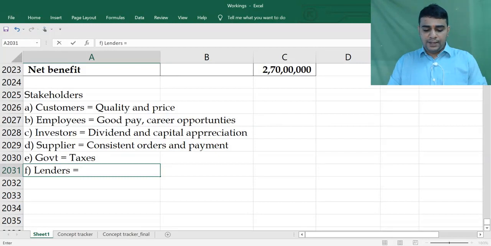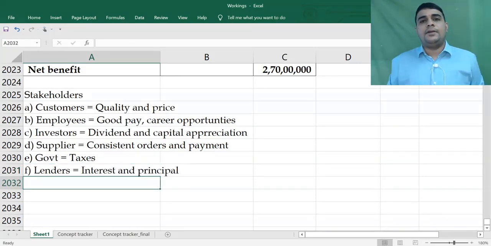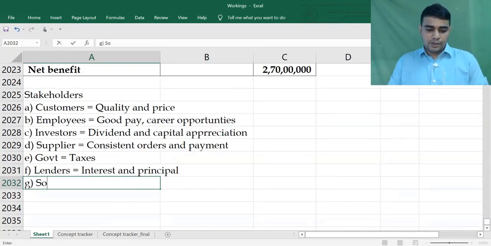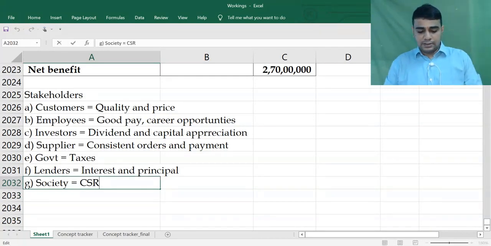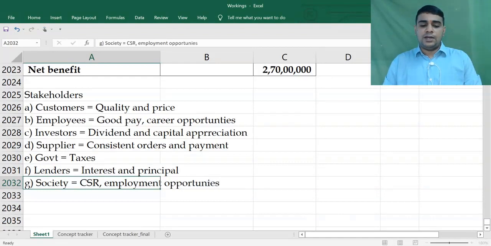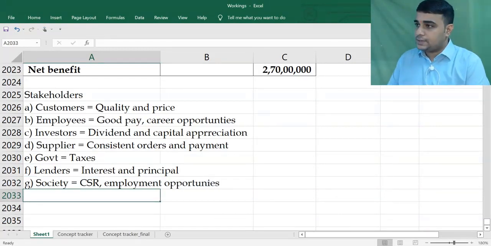Lenders want you to pay interest and principal on time. I think there is also society. Society expects you to do CSR activity or take care of the people in and around them, and provide employment opportunity. So there are multiple stakeholders and everyone expects something from an organization.